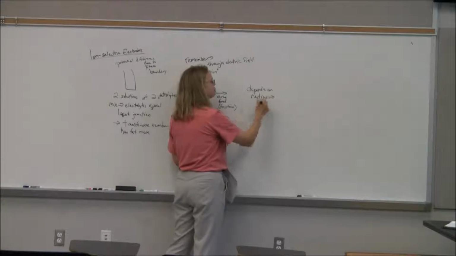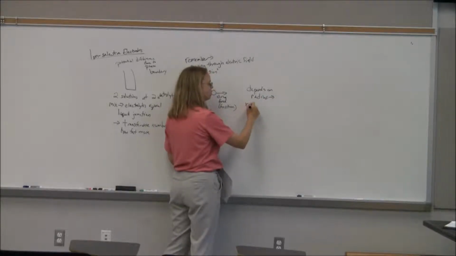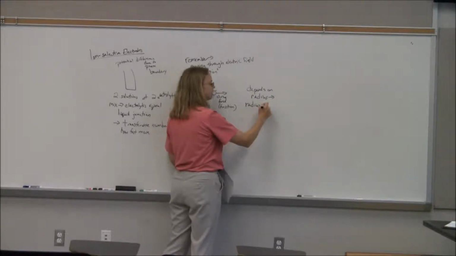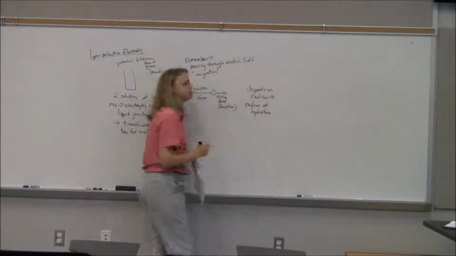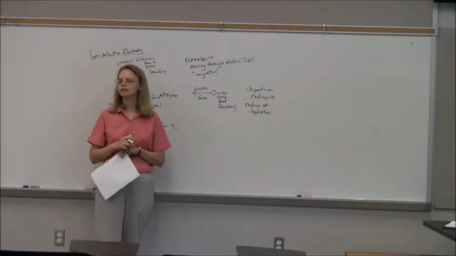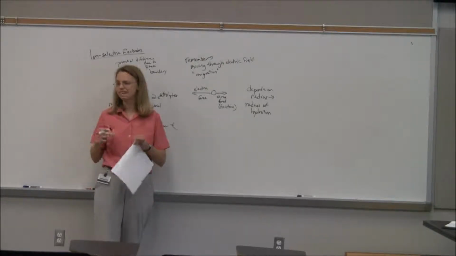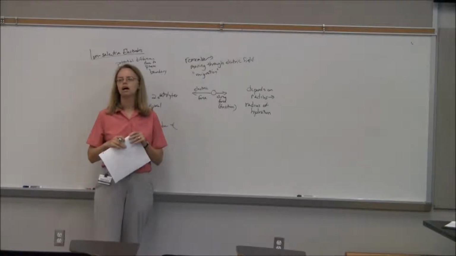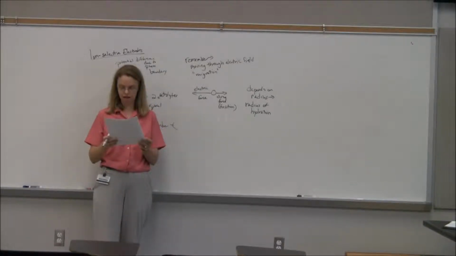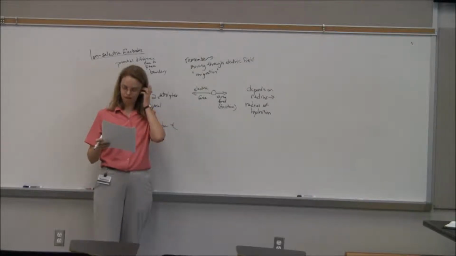But you have to remember that the radius includes the radius of hydration. Sometimes people look at something like sodium and say, but it's small, why does it go slow? Well, that's because it's very hydrated, it has a lot of water around it.